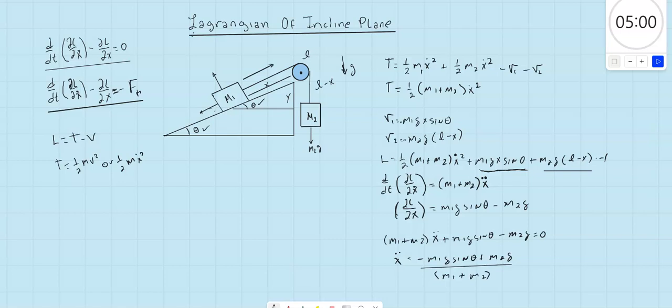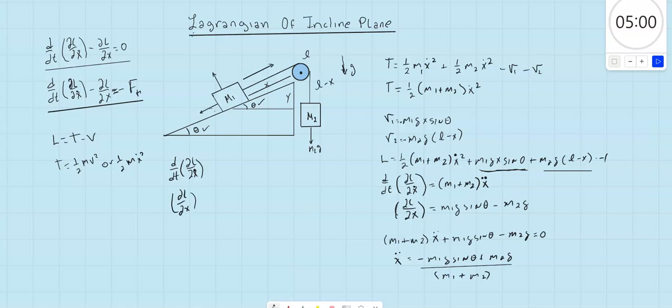Now, if we want to find it with friction, we have our Lagrangian already, right? We take the derivative with respect to time of the partial of L with respect to x dot, and the partial of L with respect to x.